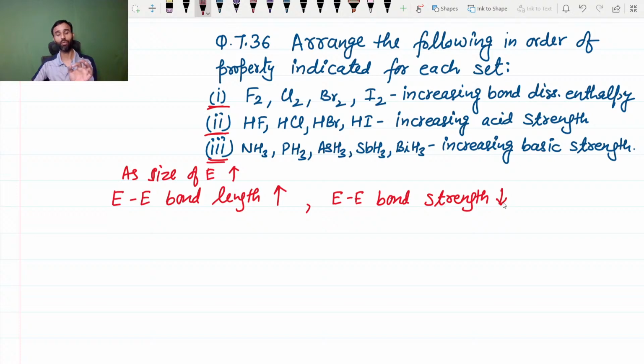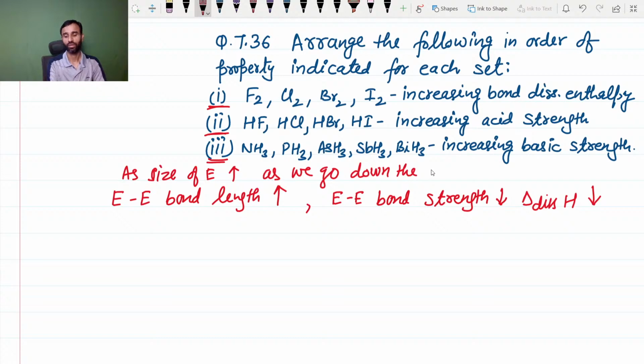So that implies that bond dissociation enthalpy decreases as we go down the group. That means the order should be F2 greater than Cl2, then Br2, then I2.